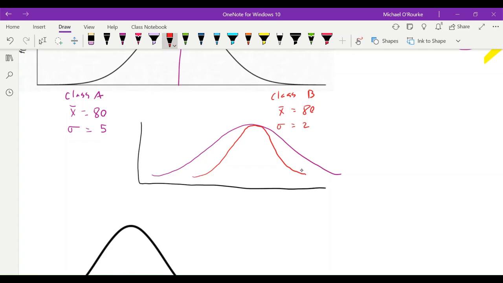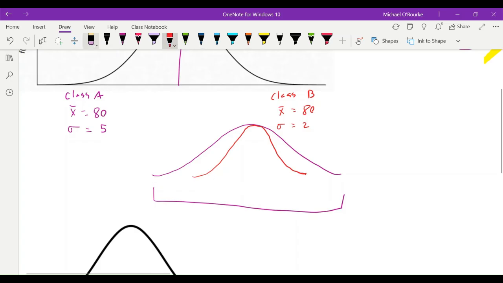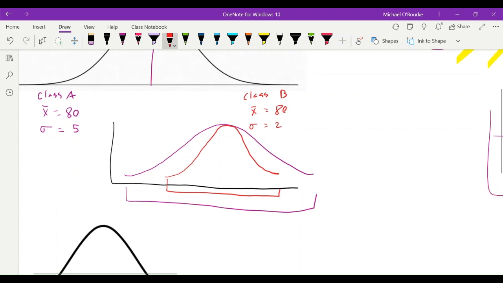So you can see there, the purple has a wider range of data points, where the red is going to be closer together. Since the red's standard deviation is smaller, the data is going to be a little bit closer.